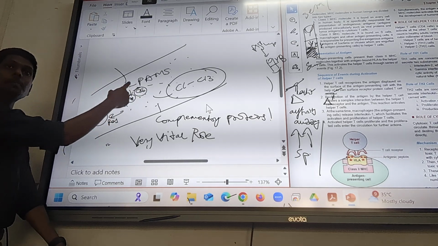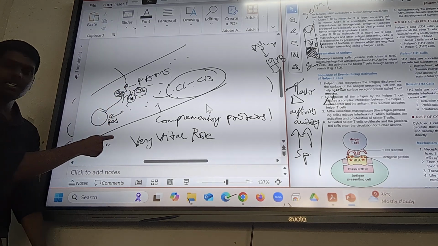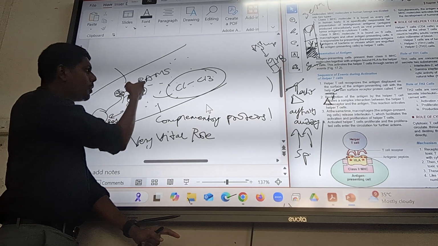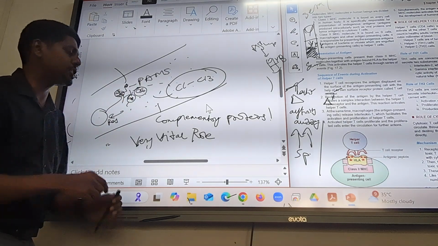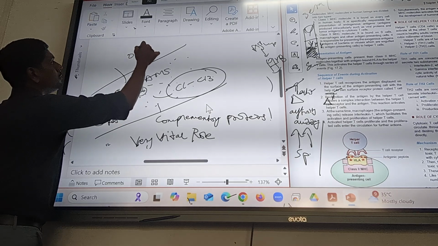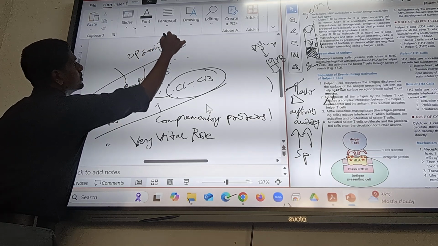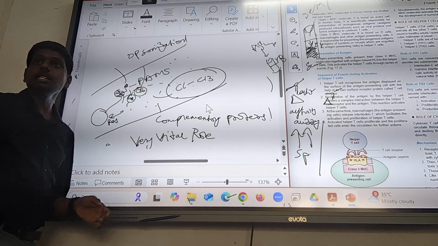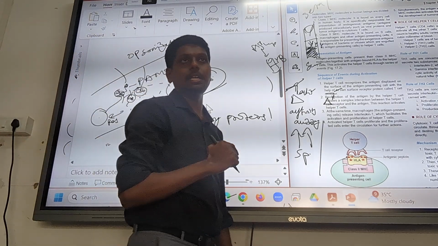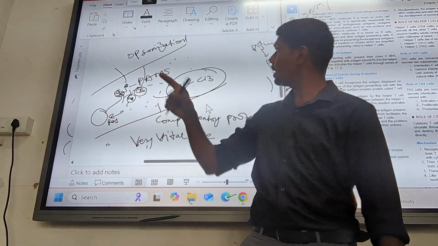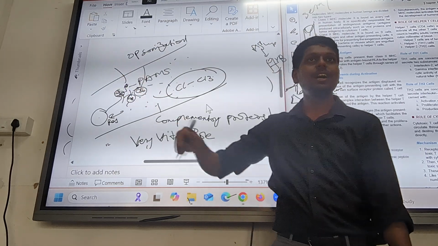C3b molecule mediated phagocytosis is called opsonization. Opsonization is one of the important ways of phagocytosing the pathogen. Have you heard about opsonization? Yes.